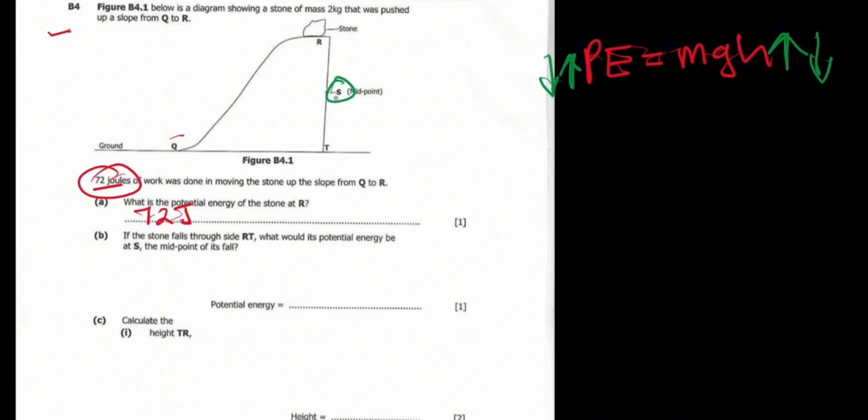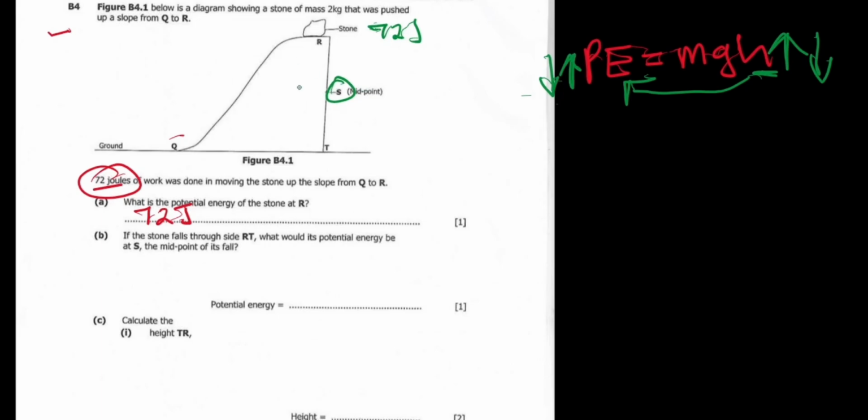But here at S, since the gravitational potential energy at the top is 72 joules, and the height is directly proportional to the potential energy, by the time it reaches point S, the gravitational potential energy is going to decrease by half, because this is the half.